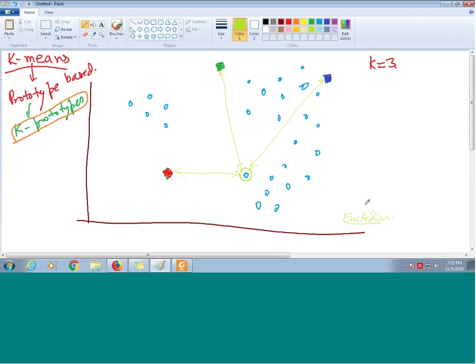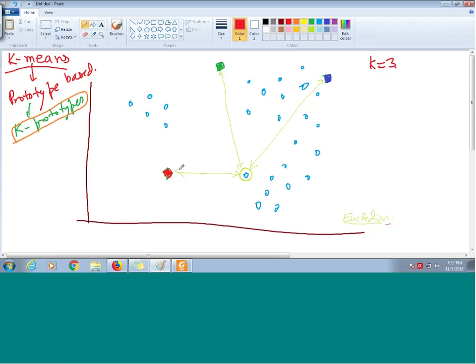Let me tell you one thing: I have drawn the line using the Euclidean distance. If I'm not going to use Euclidean distance, there could be other ways. Euclidean is a simple square thing. You can use a norm, a simple norm, and other distances, and they can give you something else.